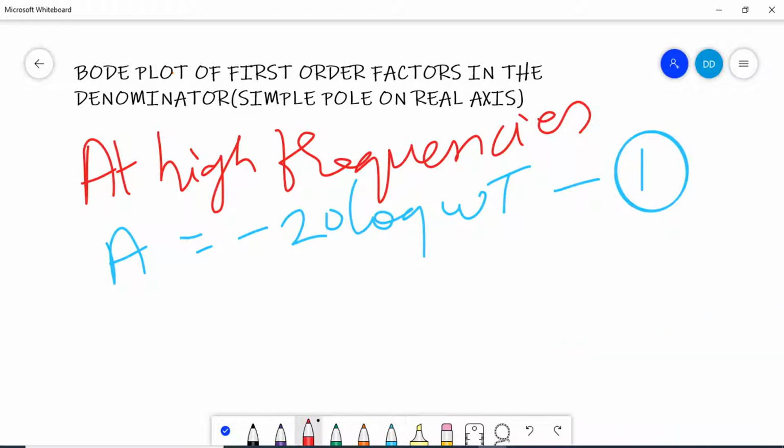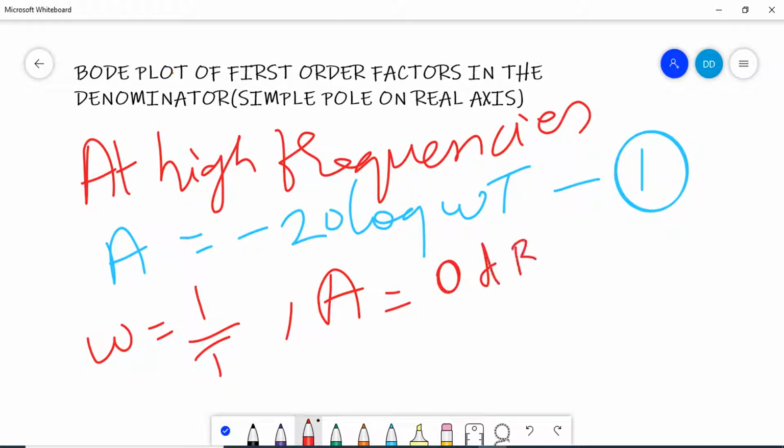Here if we consider omega equal to 1 by T, then substituting 1 by T in equation 1, we get minus 20 log 1, which is equal to 0 decibels. If we consider omega equal to 10 by T, that means we increase it by 10 times, it becomes minus 20 log 10, so magnitude A becomes minus 20 decibels.